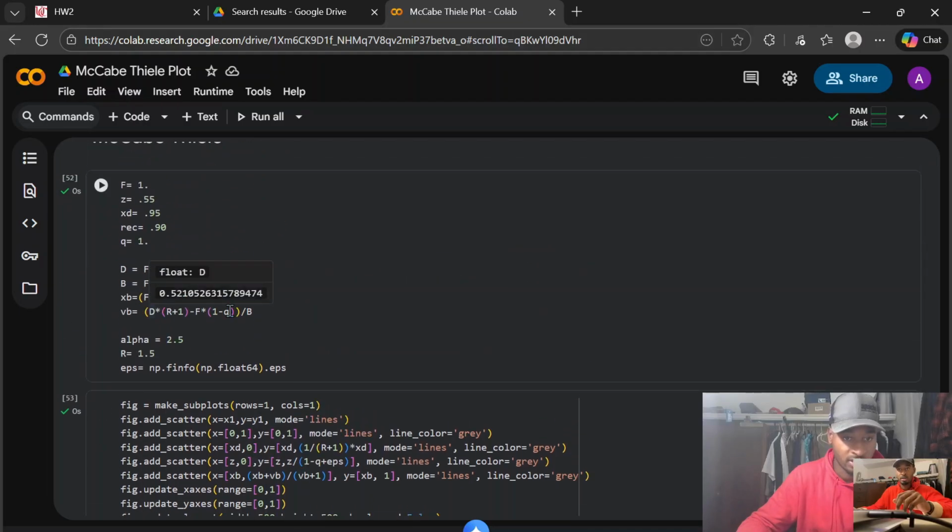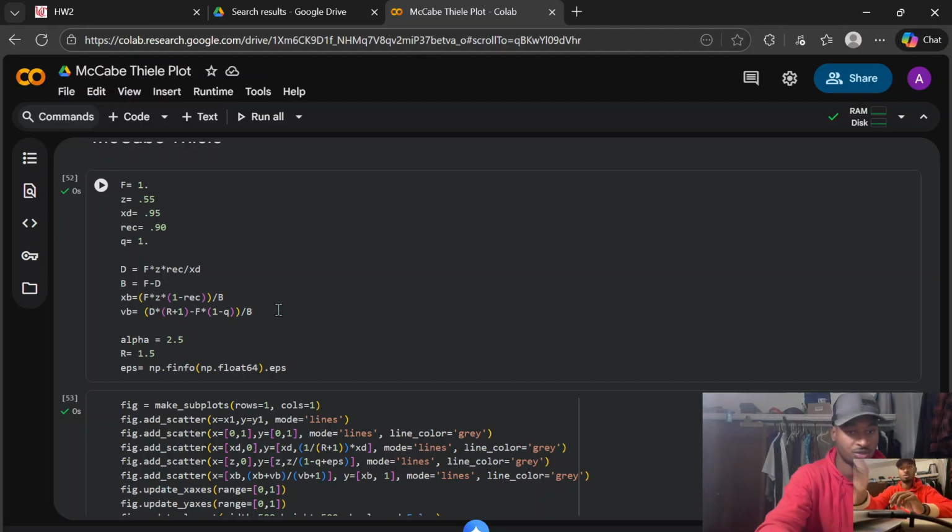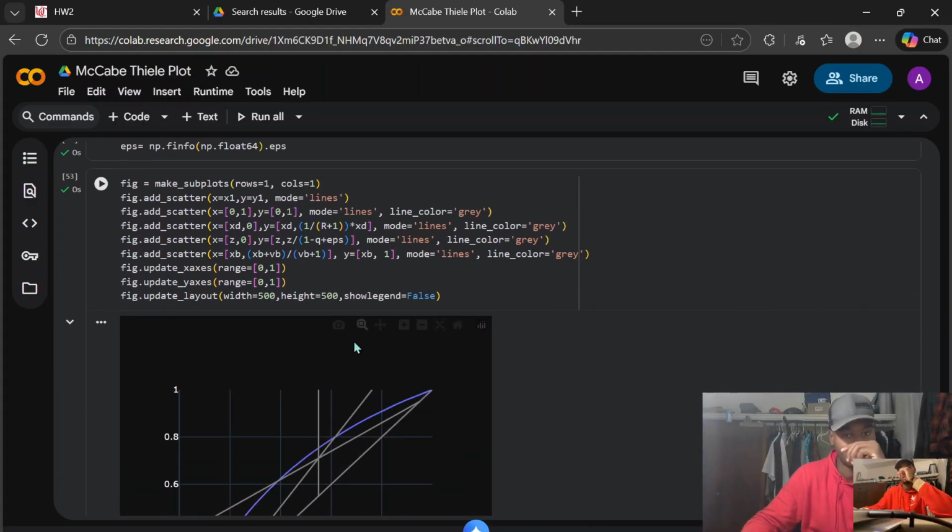Here we plugged in that equation that I used previously to calculate the boil up ratio. And one thing I did mess up on there was switching the signs for these two variables. So it should be the distillate times our reflux plus one, minus the feed times 1 minus q, divided by VB, or bottoms rate.